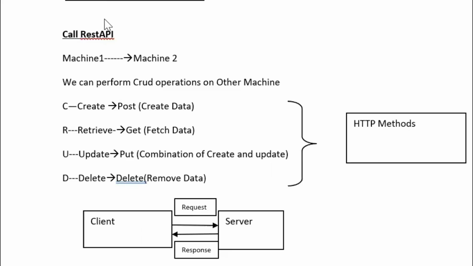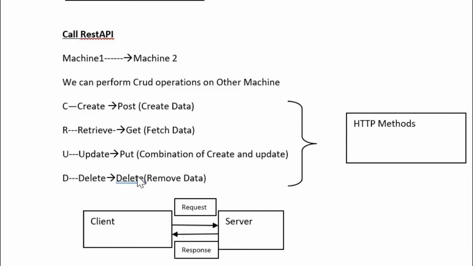Okay, so guys, whenever you're using REST API, it has 4 operations: post, get, put, delete. So when you are testing any API, you will be using these 4 methods. Post is to create data, in simple words, to insert data. Get is to fetch data. Put is to update data.